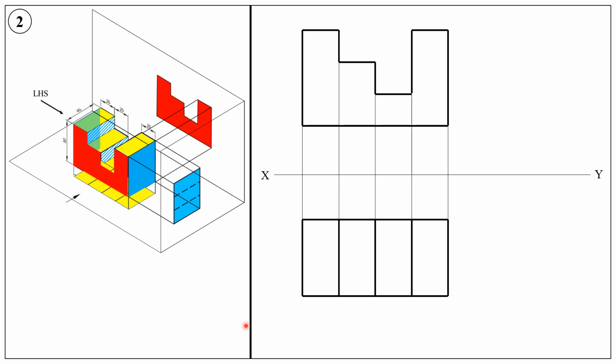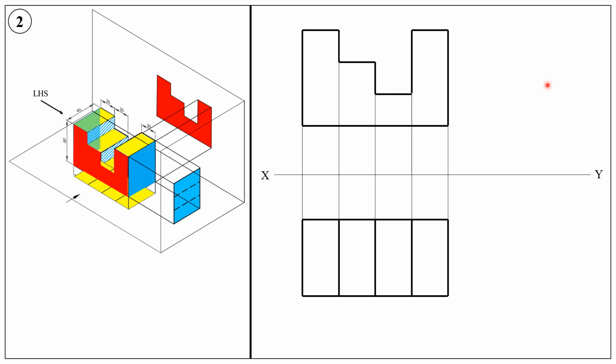Finally, we need to draw the left hand side view. As we discussed in the previous problem, the left hand side view is definitely on the space to the right of the front view in case of first angle projection.